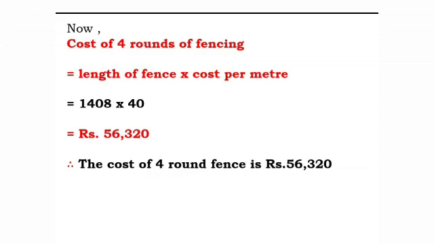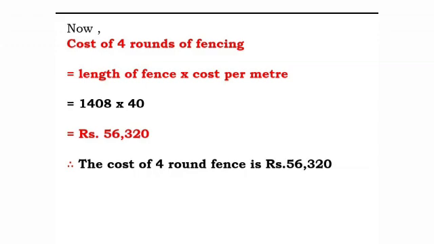So the length of the fence that you have found out is 1408 into cost is given as 40. So 1408 into 40 is equal to rupees 56,320. So the cost of 4 round fence is rupees 56,320.